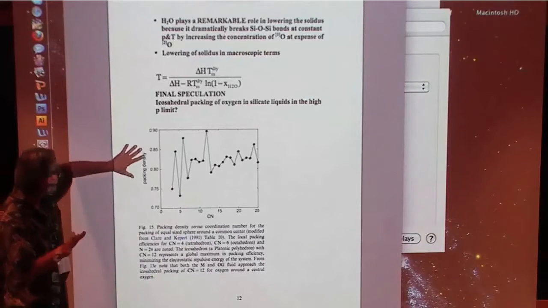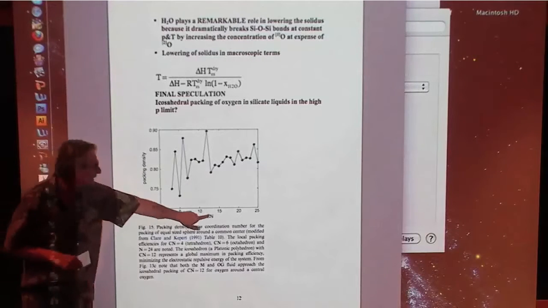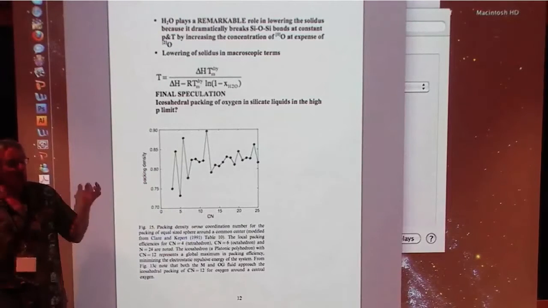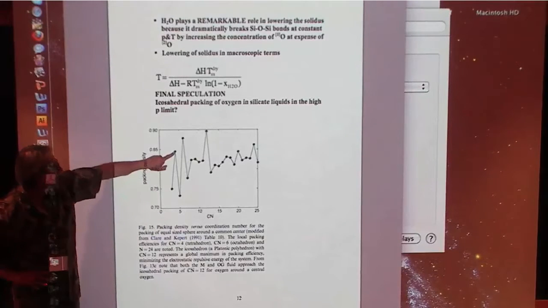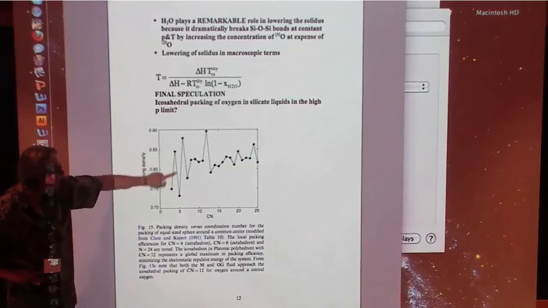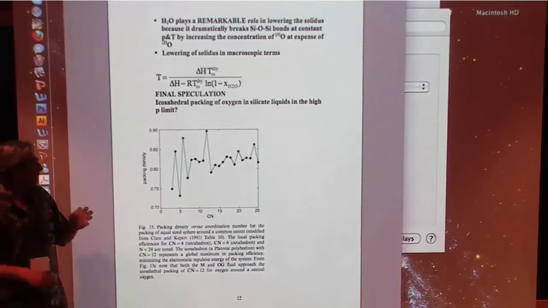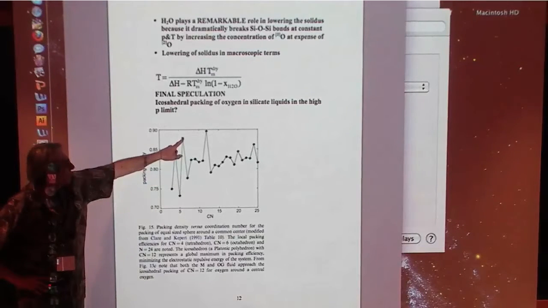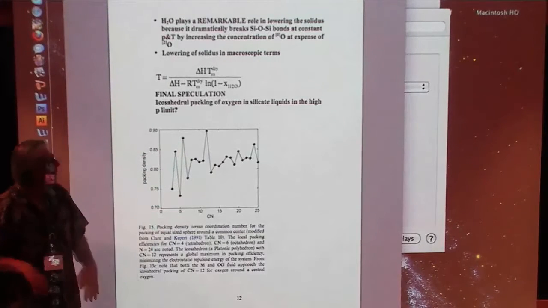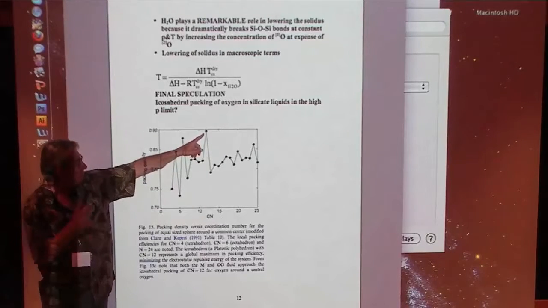What this plot shows is packing density as a function of coordination number. And it shows the things we all know. Why are silicates based on tetrahedral packing? Because that's a local maximum in packing efficiency. This is 4, tetrahedral. Why do we have stishovite with silicon and 6 packing with oxygen? That's another efficient way to pack charged spheres. This is 6. The granddaddy of them all is icosahedral packing. It took me a couple of weeks to learn how to pronounce that.